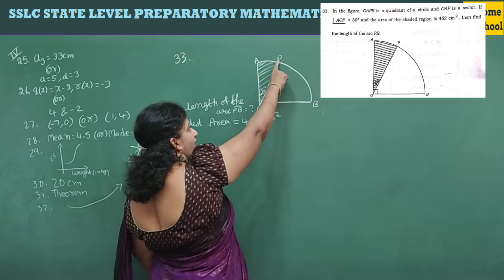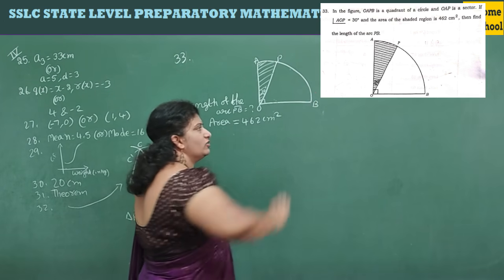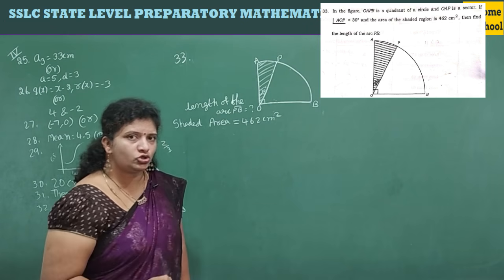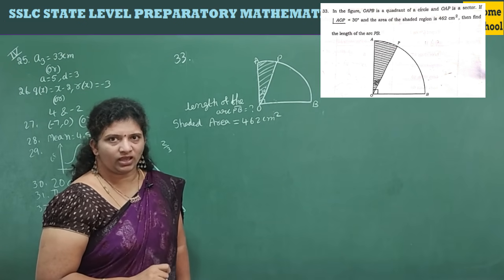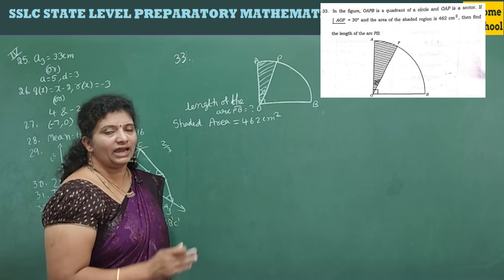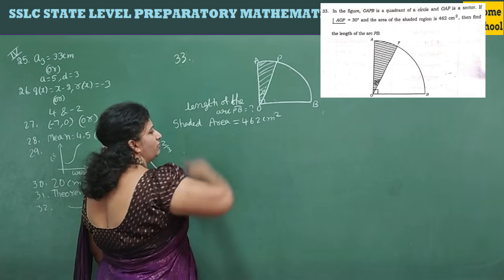So in order to find the length of PB, only from here to here, you need to calculate. If you need that, first you should know the radius. By the given data, let us write the formula and get the radius. What is the area of a sector formula?